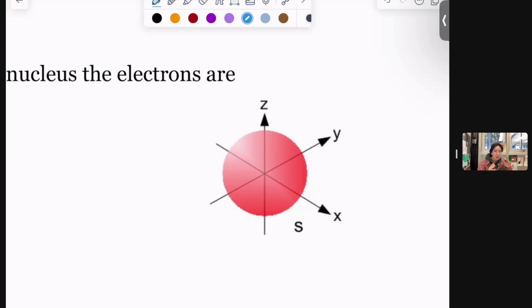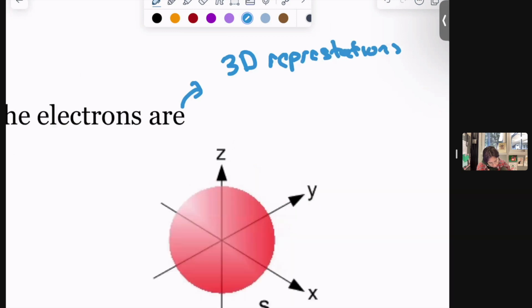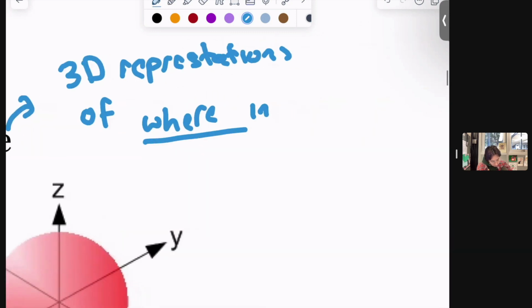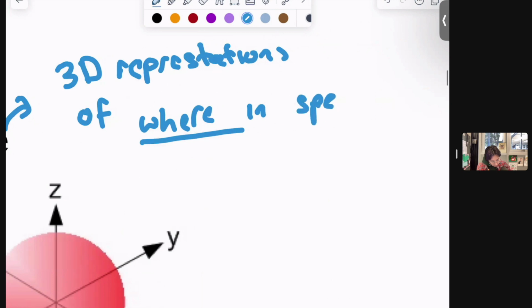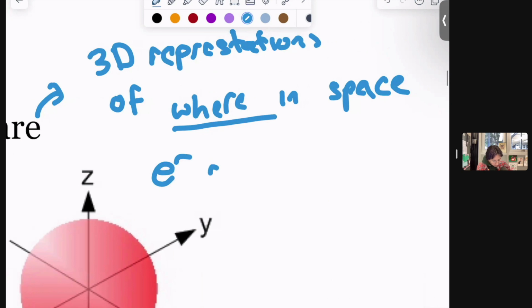They're actual 3D representations of where in space electrons most likely are.